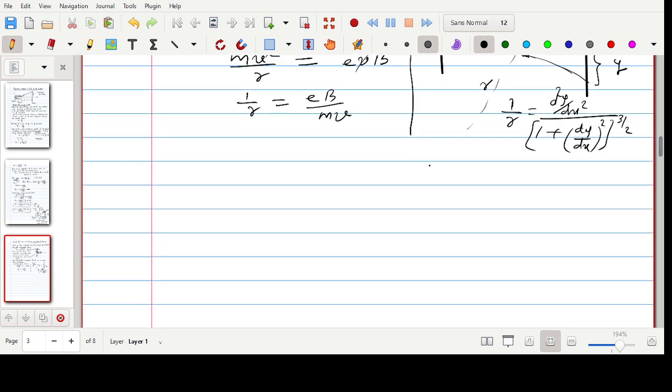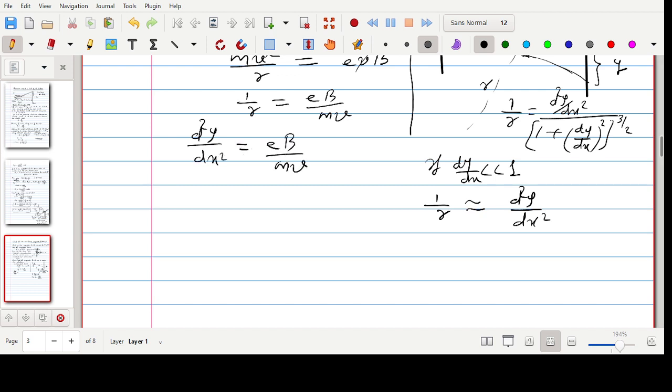If dy by dx is very small compared to 1, we can write 1 by r approximately equal to d squared y by dx squared. So d squared y by dx squared equals eB by mv.